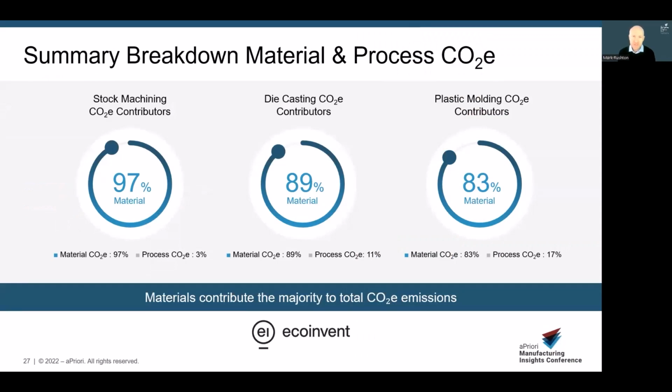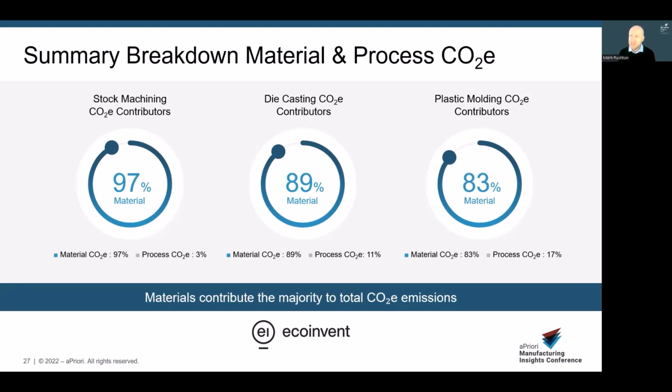And just to give you a better idea of how much materials contribute, here's an average material contribution compared to each process group. You can see stock machining being the highest because of that typically high wastage amount.